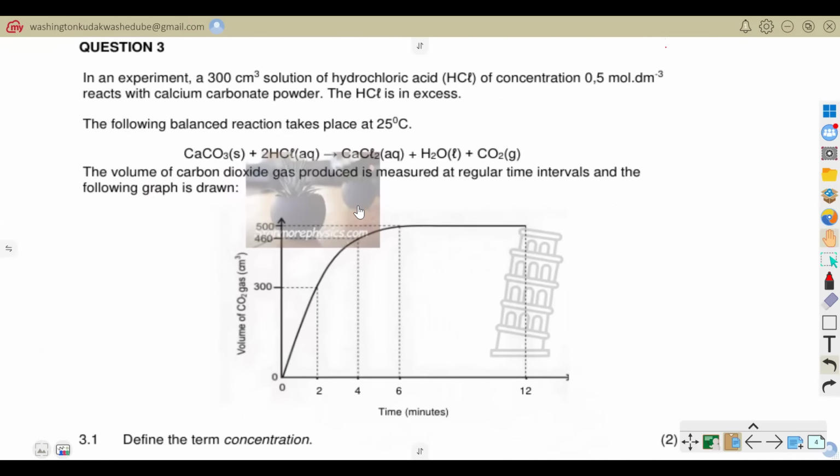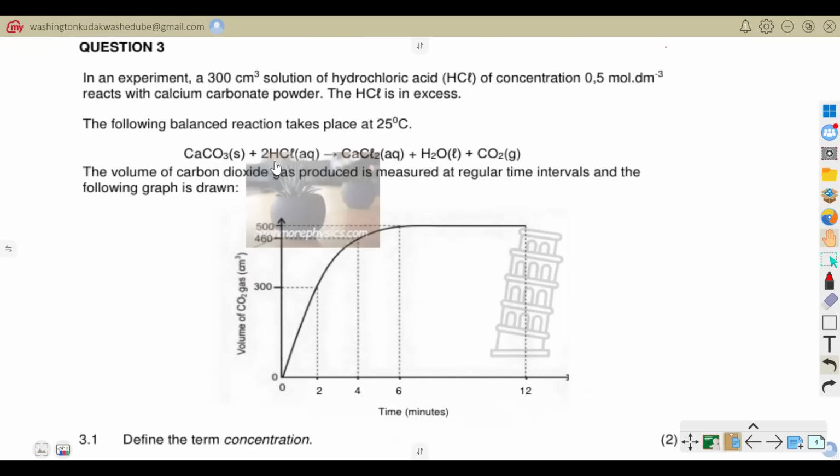So we have been told that using this equation, they're saying that the following balanced reaction takes place. So this equation is just describing what they've just said above, where in an experiment, a solution of hydrochloric acid was used in this concentration to react with what? Calcium carbonate. So this is calcium carbonate reacting with the hydrochloric acid solution to form these products.